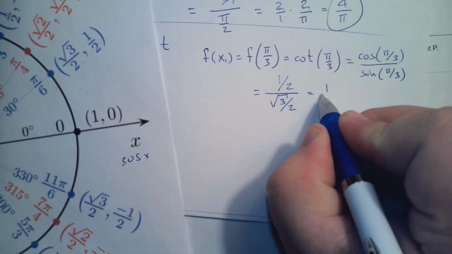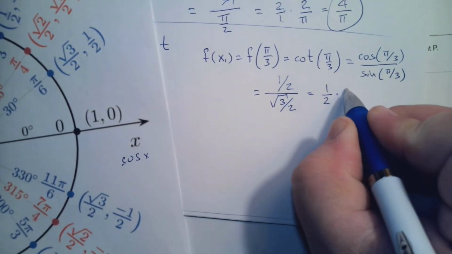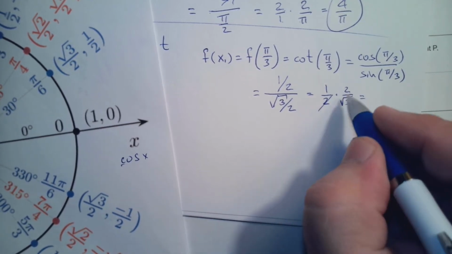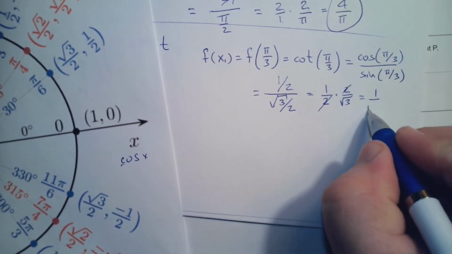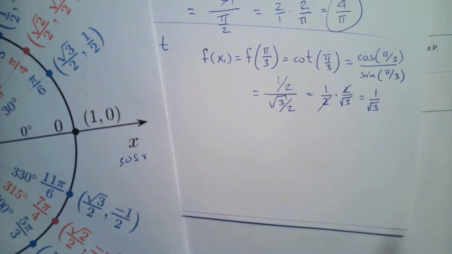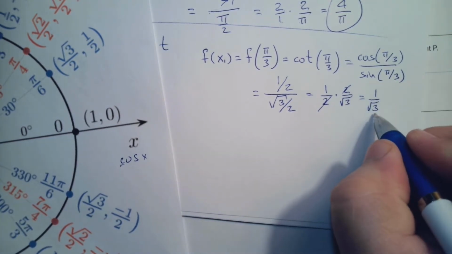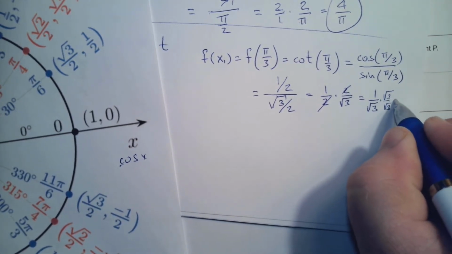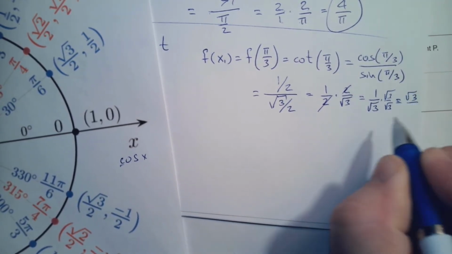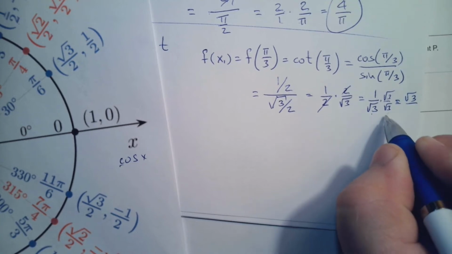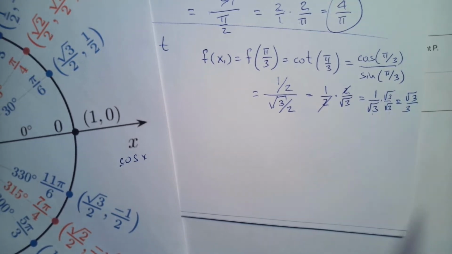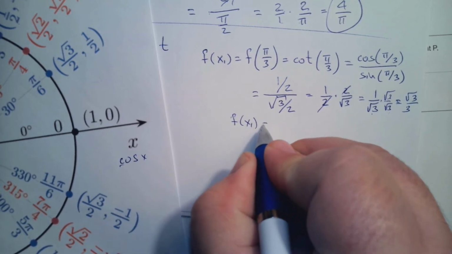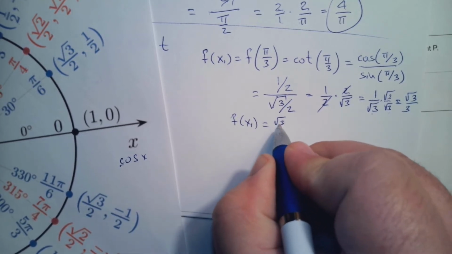Simplify that. Take the top fraction, multiply by the flip of the bottom, reduce, 2's cancel. Remember you can't have radicals on the bottom, so you have radical 3 over radical 3. Radical 3 times radical 3 is radical 3 squared, which is just 3. So f of x1 is radical 3 over 3.